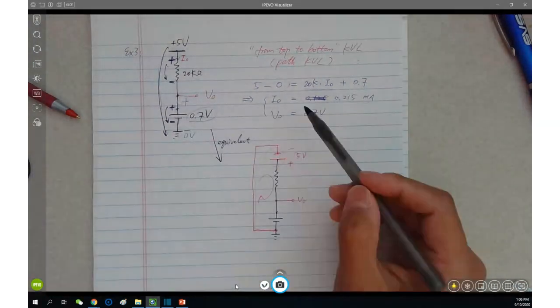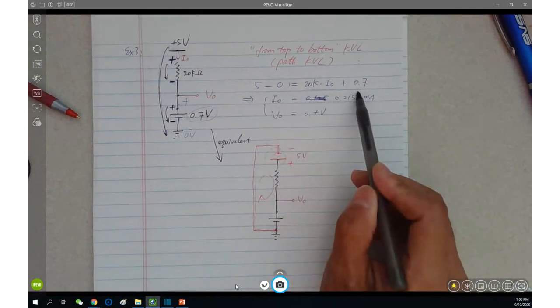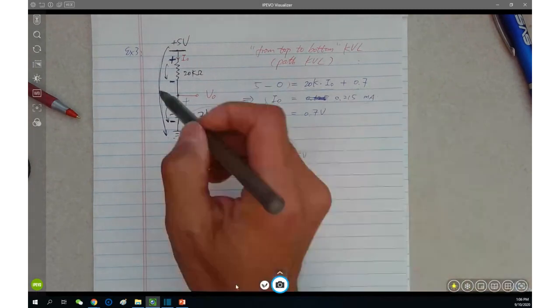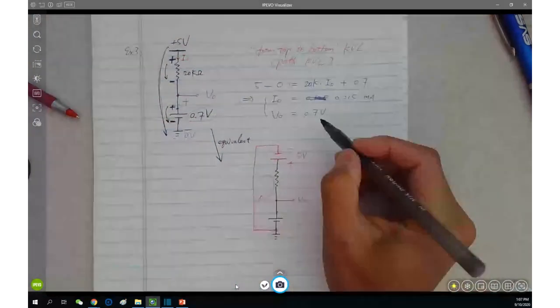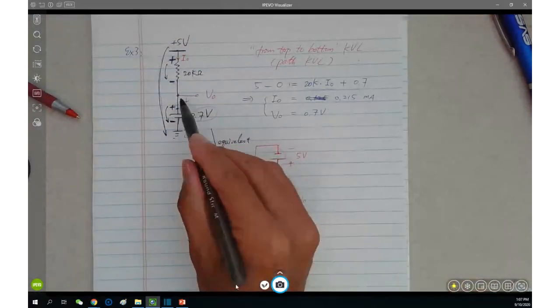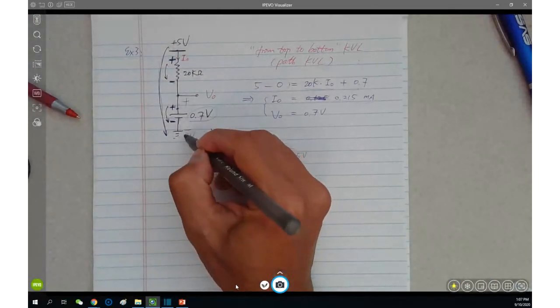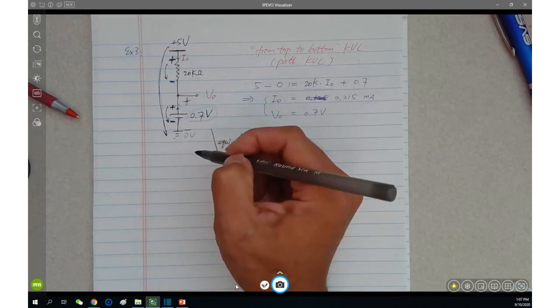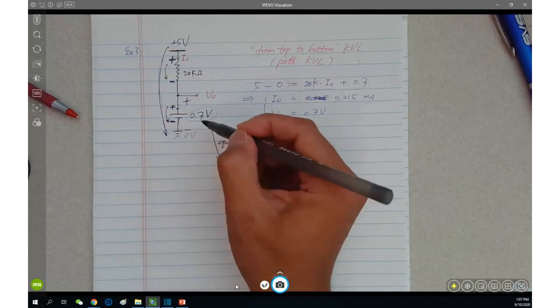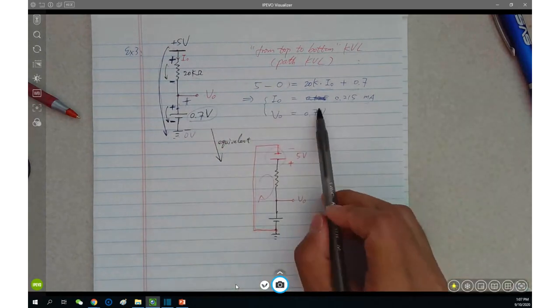This is how we come up with this path KVL equation, with only one unknown, which is I naught. We can find the current downwards, it must be downwards. And then V naught is very easy. V naught is here with respect to the ground, so the positive is here, negative is the ground. It is exactly the same voltage as this 0.7 volt source. So we are done with I naught and V naught here.